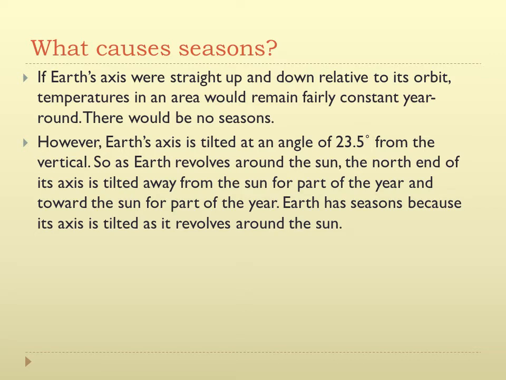So as Earth revolves around the Sun, the north end of its axis is tilted away from the Sun for part of the year and toward the Sun for part of the year. Because of this tilt, for 6 months the north end will be away from the Sun. The next 6 months the north end will be toward the Sun.